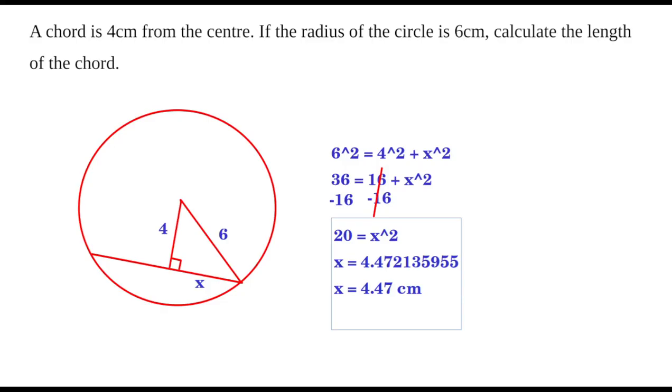So your 2x is equal to 8.94427191. Then correct to 3 significant figures, the length of the chord is equal to 8.94 centimeters.